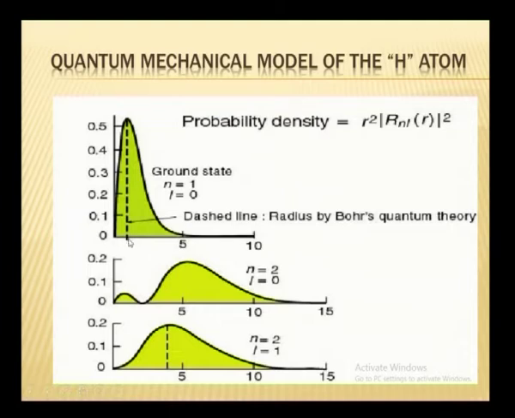The electron should spend most of its time only at this point, but for a few seconds the probability of finding the electron here is finite, here also it is finite, and it becomes very small when you go to far off distances. Essentially what I am trying to tell you is that the electron should not be considered as a particle, it should be treated as a charge cloud, with wave like nature. It comes from de Broglie's dual nature or the matter wave concept.